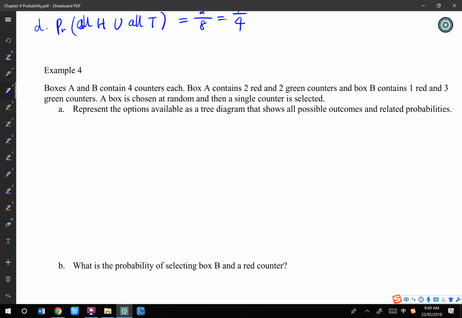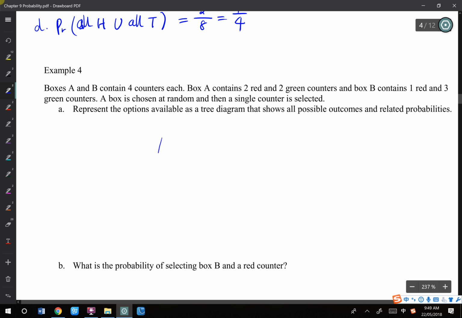Box A and box B contain 4 counters each. Box A contains 2 red, 2 green, and B contains 1 red and 3 green. A box is chosen at random and then a single counter is selected. For your tree diagram, what will you do for the first selection? A and B, what's the probability? So we have half and half here.